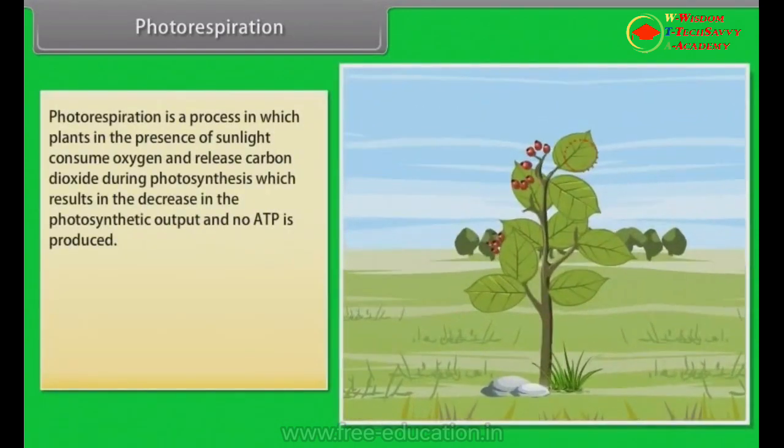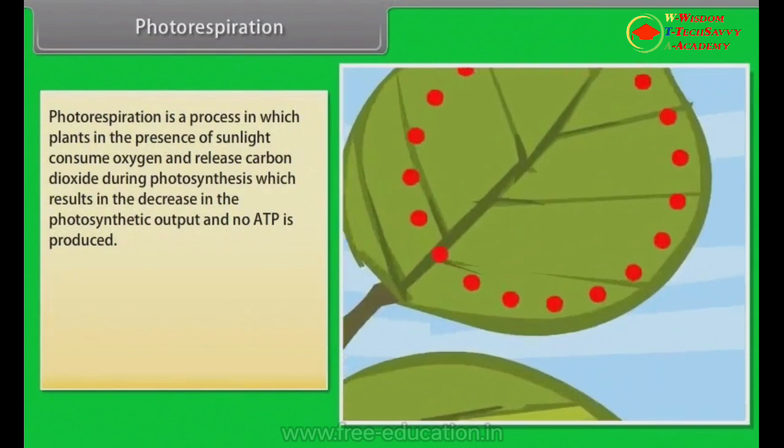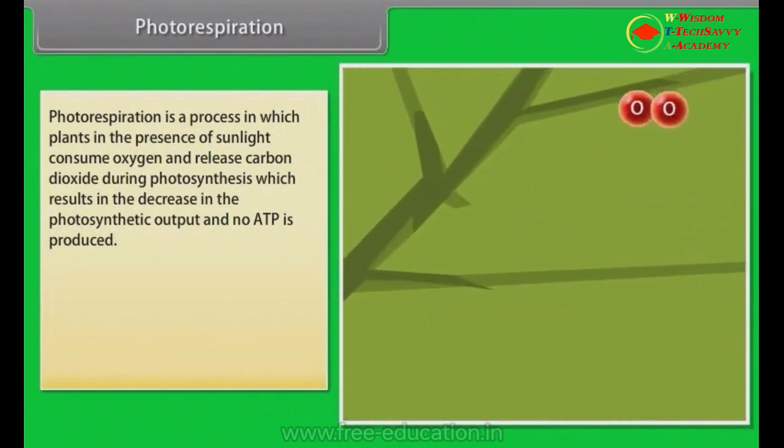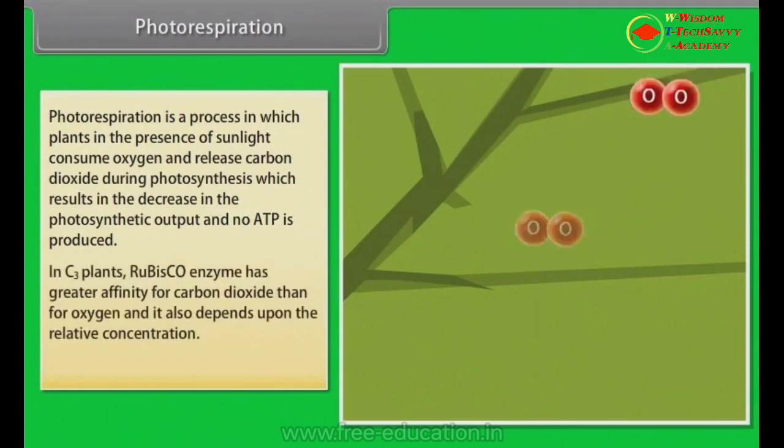Photorespiration. Photorespiration is a process in which plants, in the presence of sunlight, consume oxygen and release carbon dioxide during photosynthesis, which results in the decrease of photosynthetic output, and no ATP is produced. In C3 plants, the Rubisco enzyme has greater affinity for carbon dioxide than for oxygen, and it also depends upon the relative concentration.